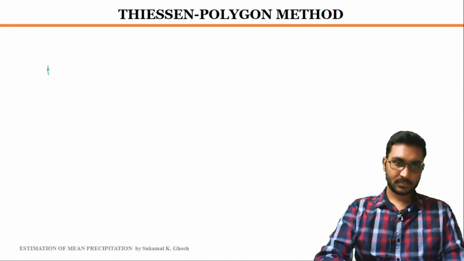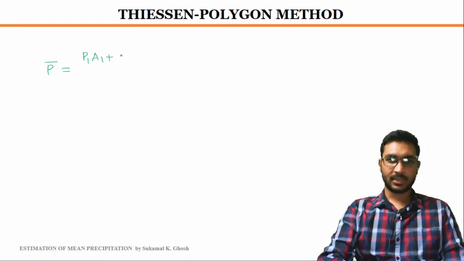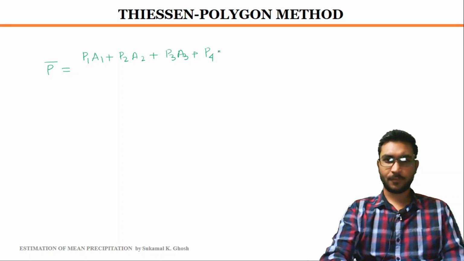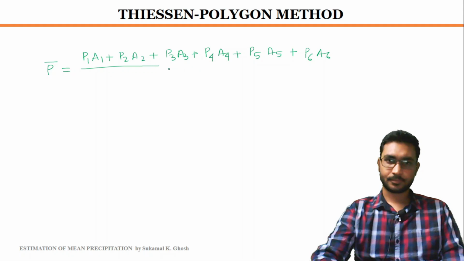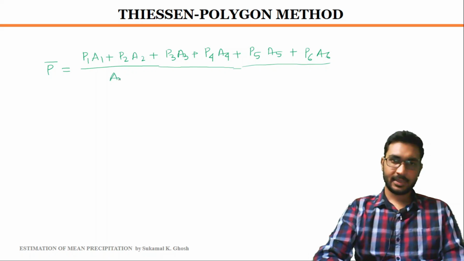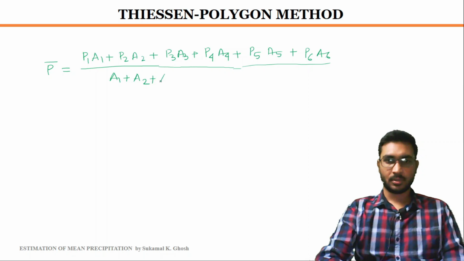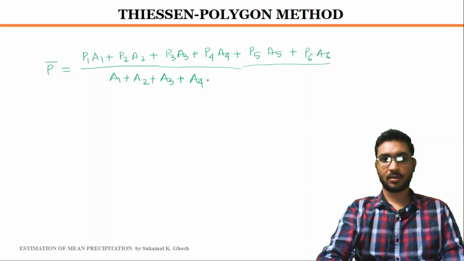We know that P bar is equal to P1 into A1 plus P2 into A2 plus P3 into A3 plus P4 into A4 plus P5 into A5 plus P6 into A6, divided by A1 plus A2 plus A3 plus A4 plus A5 plus A6.